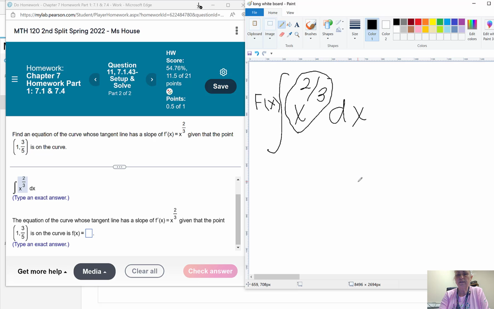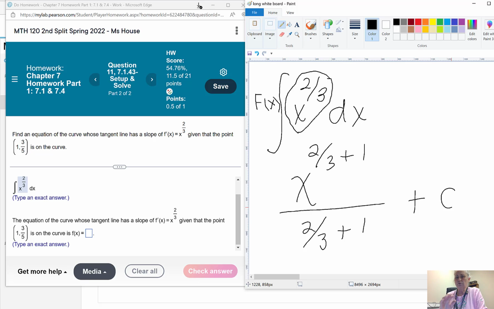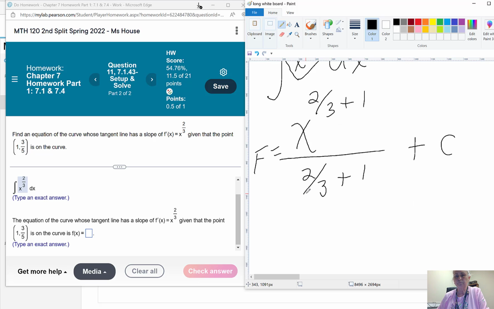So let's do our antiderivative. X to the 2/3 plus 1 divided by 2/3 plus 1 plus c. So right now we still don't know, but we know this is the formula for f, the original function. You could call that f of x, you could call it y, either one.